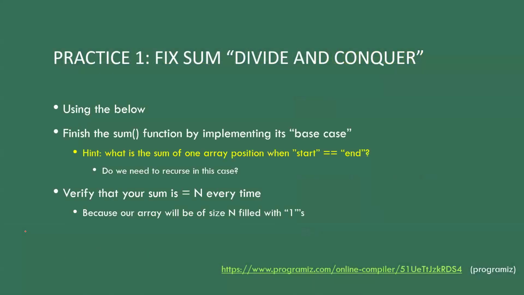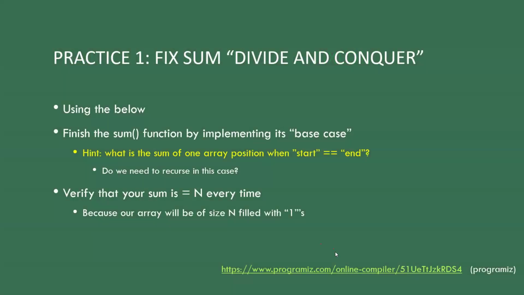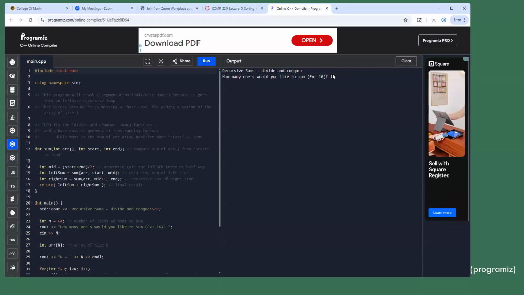So let's do this in the code real quick. Let's take a look, and you might want to do this too. It's just good to remember, especially when you haven't seen this happen before. If we run this thing and I say 16, I think I'll get a segmentation violation.